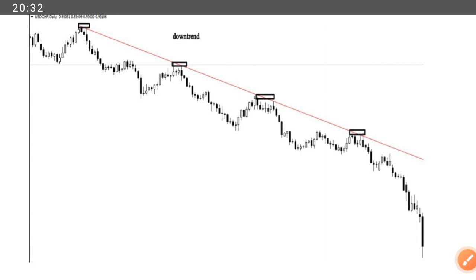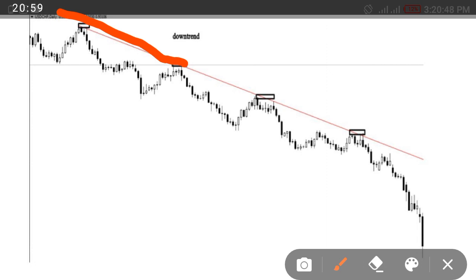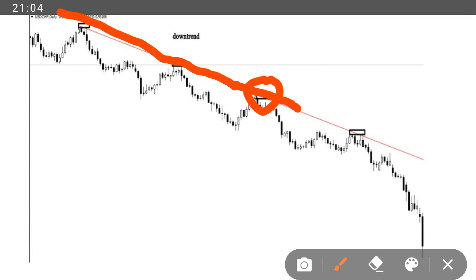So if you draw your trend line very well, you can trade that trend line. Once price gets to the trend line, you enter the market because you expect a reversal to occur. Now look at it. Assuming you drew the line from here to here, as soon as the price got here, you enter the market.